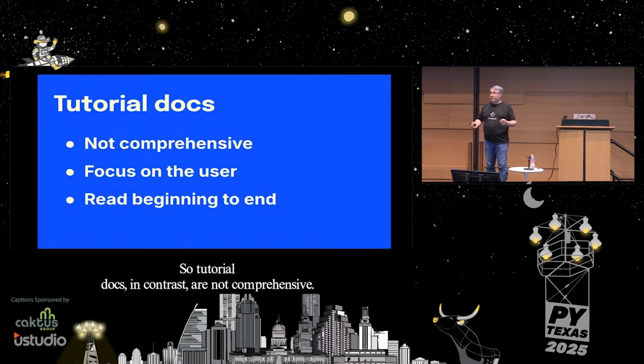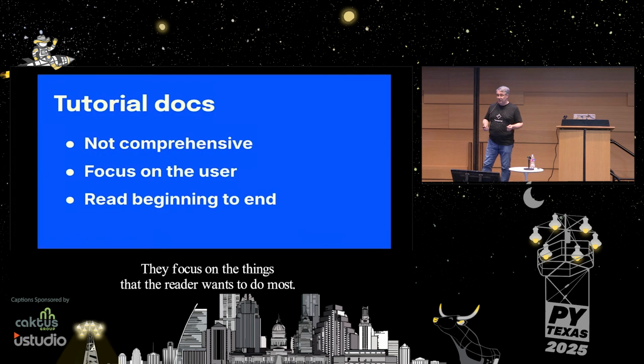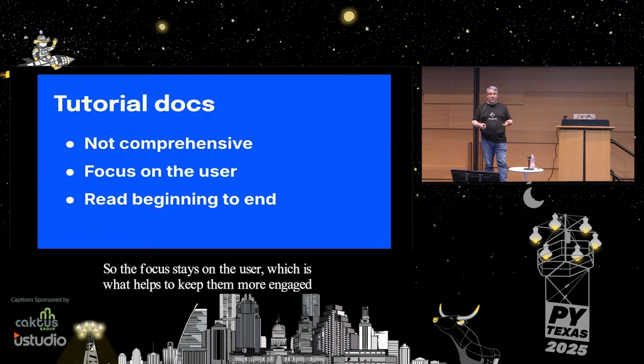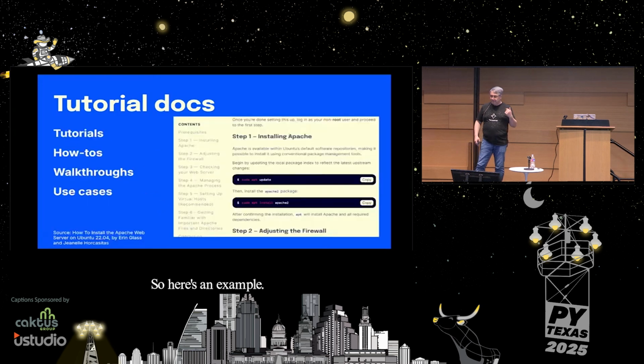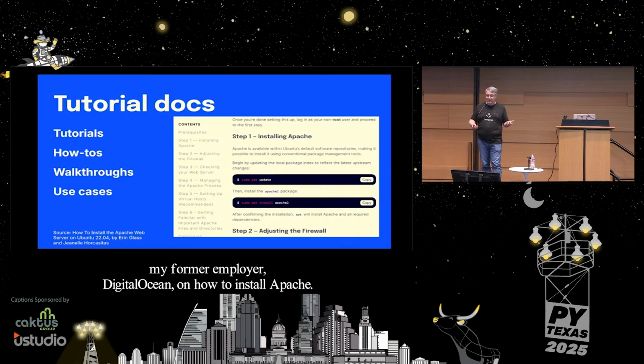So, tutorial docs, in contrast, are not comprehensive. They focus on the things that the reader wants to do most. So the focus stays on the user, which is what helps to keep them more engaged. And tutorial style docs are meant to be read from beginning to end. So here's an example. This is a tutorial from, again, my former employer, DigitalOcean, on how to install Apache.